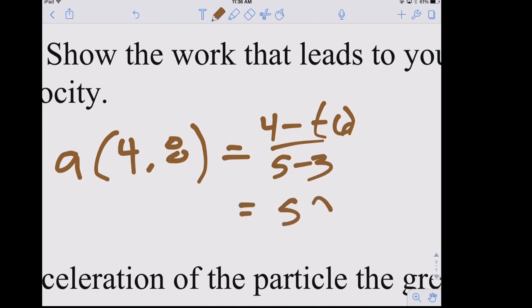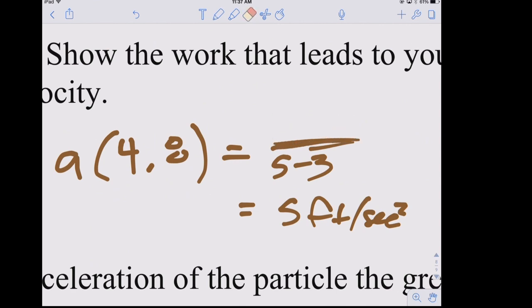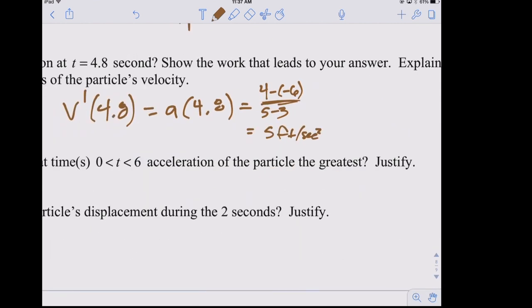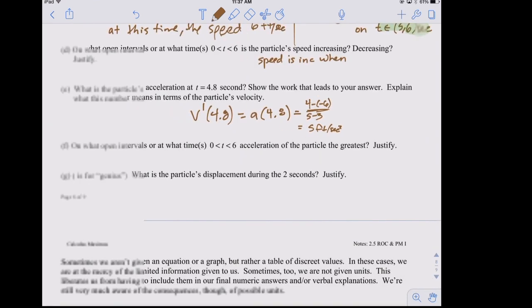And then you can get 5, and it would be feet per second squared. So again, your difference quotient is important. If it says show the work that leads to your answer, make sure you show that.